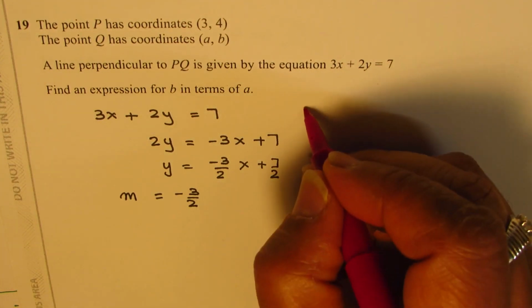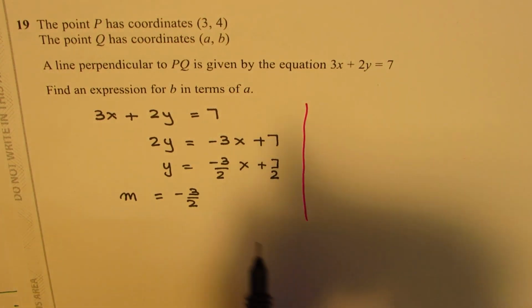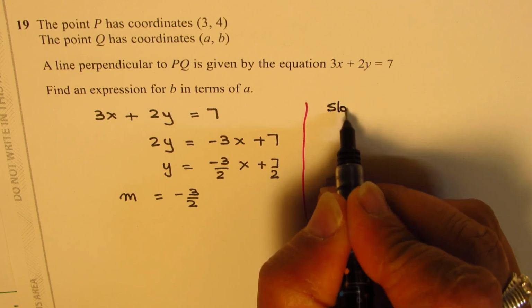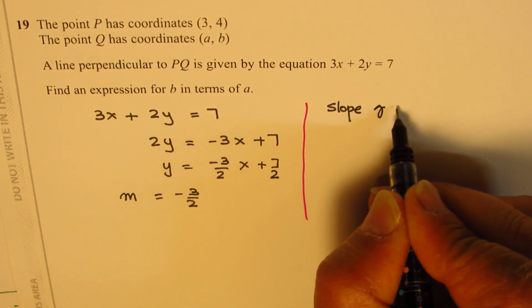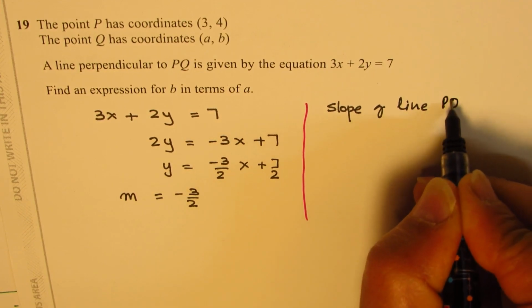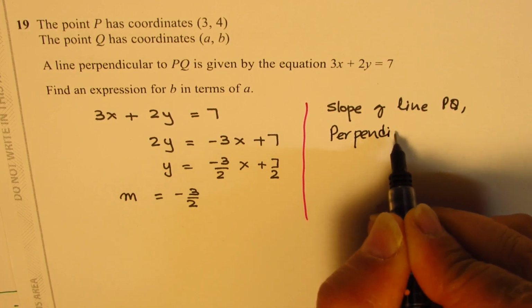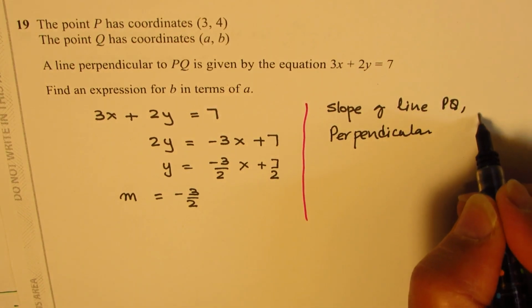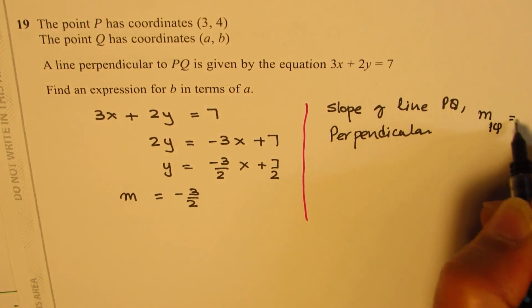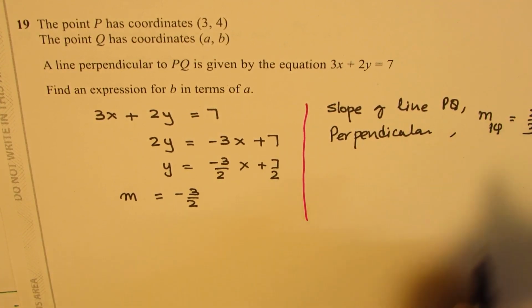Now any line which is perpendicular to this, what is going to be its slope? Let's find. So the slope of PQ, which is perpendicular, will be, let's say MPQ will be equal to the negative reciprocal, so it will be 2 over 3, correct?